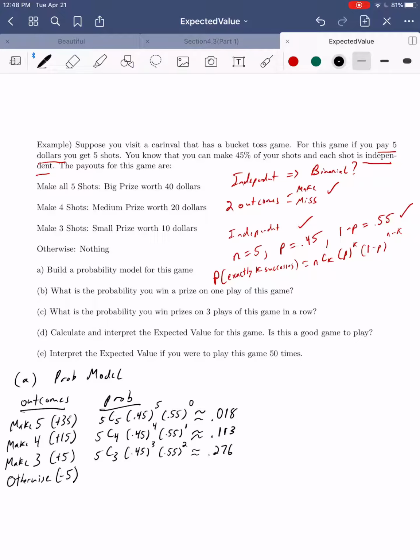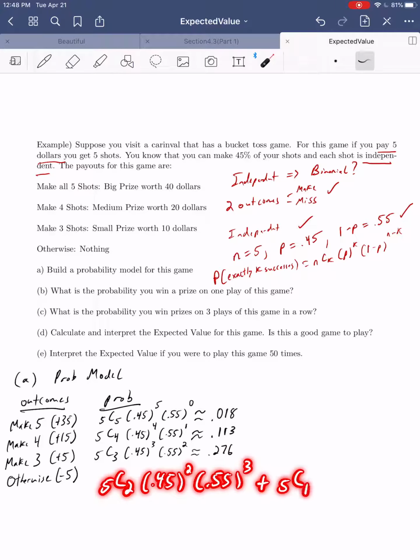Now, for this last one, we could go ahead and continue using this formula, but we'd have to use the formula like 5C2, 0.45 squared, 0.55 cubed, plus 5C1, so on and so forth. Because this would include making 2, making 1, or making none.